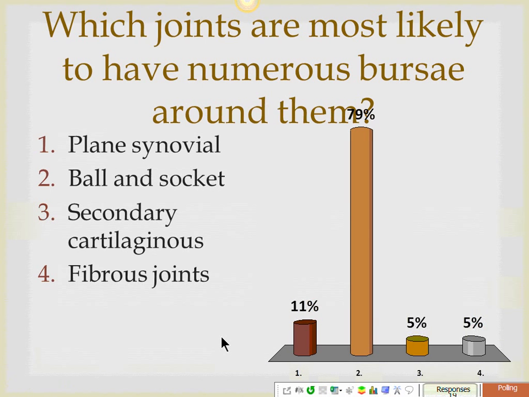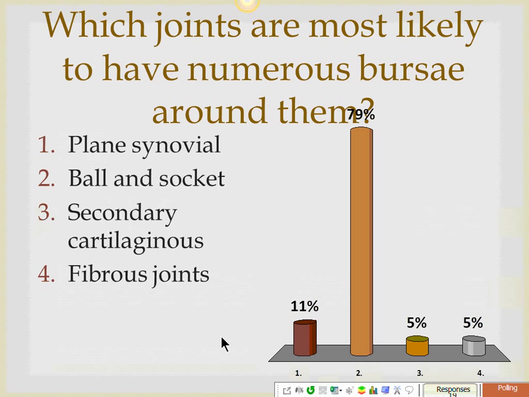Okay, ball and socket, yes, numerous bursae. Wherever there is a lot of movement, that's where you want bursae. Because what is the function of a bursa? To prevent friction. So in a plain synovial joint, which has very little movement, because just gliding movement, why would you need bursae around that, right? It's not going to move too much, is it? Think of these as protective security guards. Where are you going to post security guards?